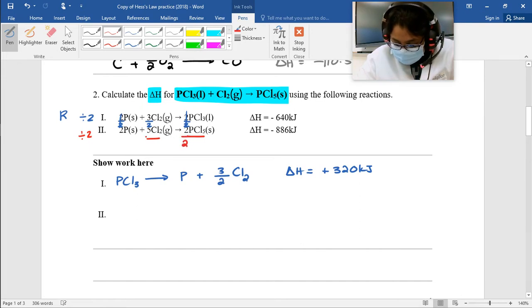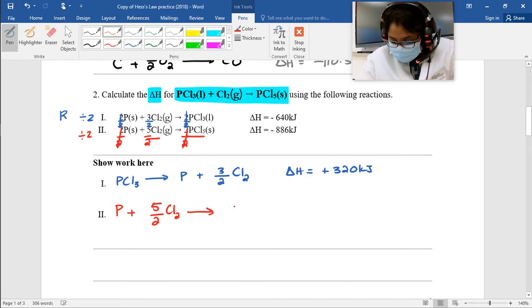Divide this by 2, divide this by 2, divide this by 2. That gives you, 2 over 2 cancels out, you have P plus 5 halves Cl2 going to PCl5. Okay? And the delta H is still going to be negative 443 kilojoules because I had to divide that by 2. And this one I reversed and divided by 2.